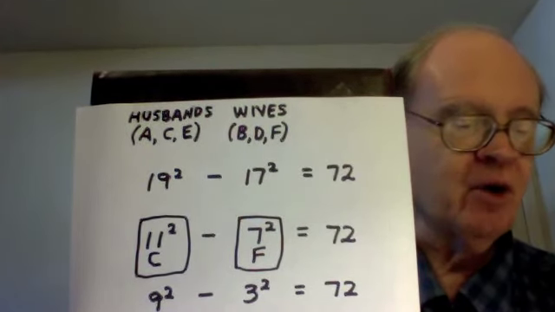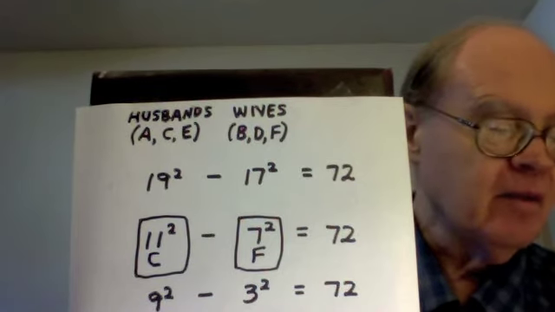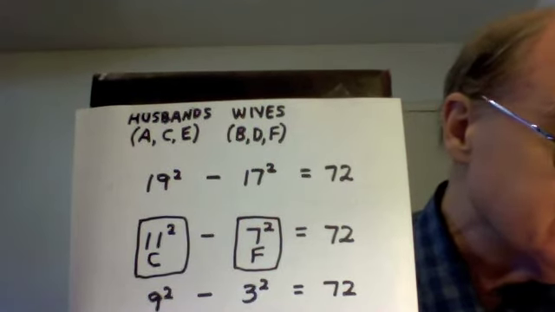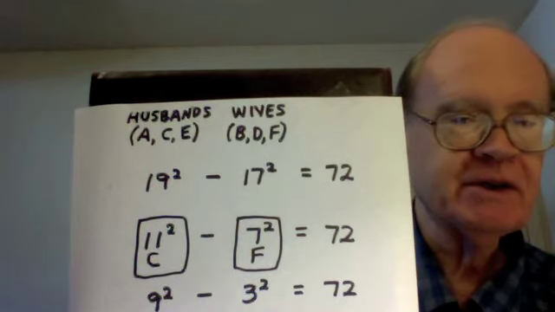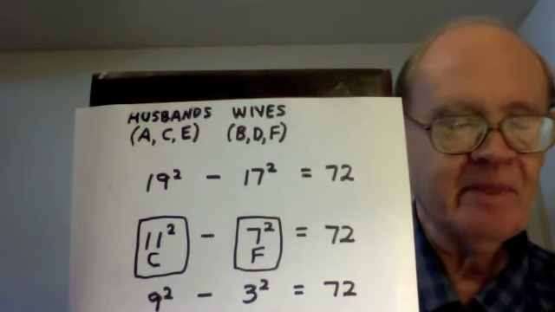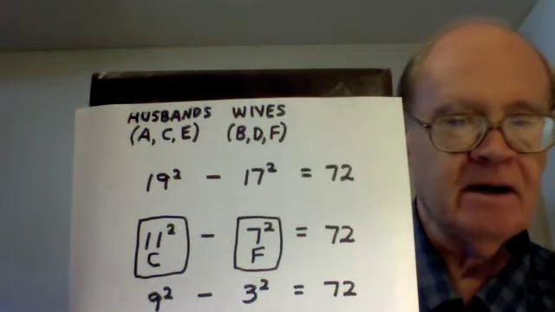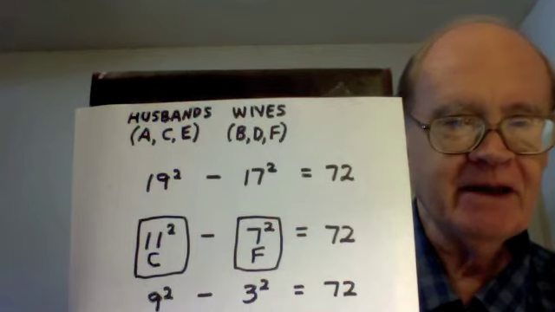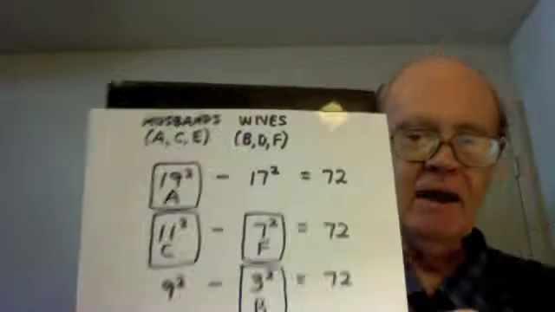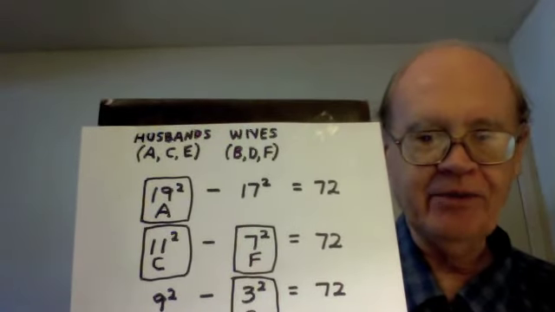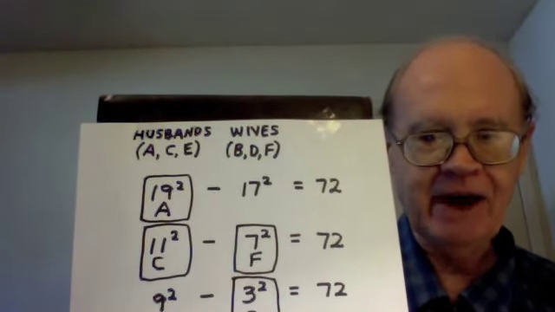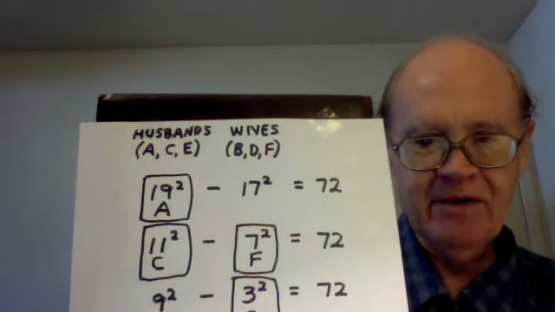We are also told that Al bought 16 more potatoes than Betty. That must be the 19 and the 3. And so I have marked the 19 and the 3 with the A for the 19, B for the 3.